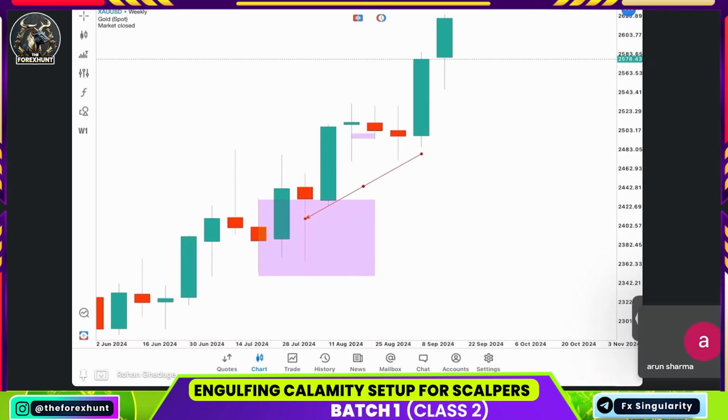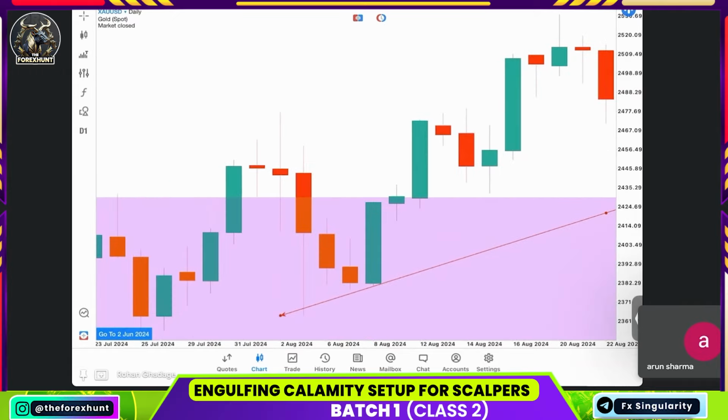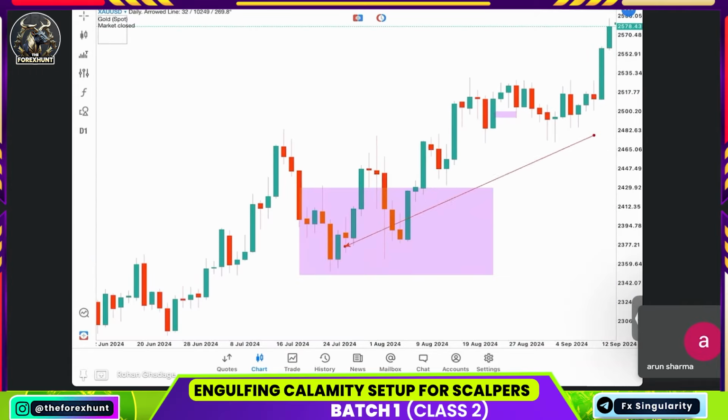So try to hold it and compound yourself. Compounding is something different that we will learn right now. But if you find some setups within daily, okay, this is our daily. In this daily, we find setups here. So let's try to understand.